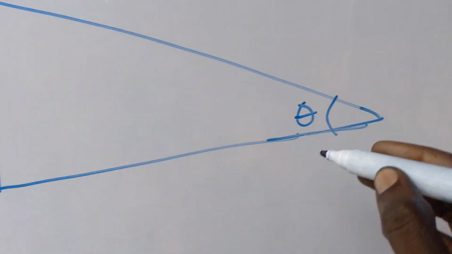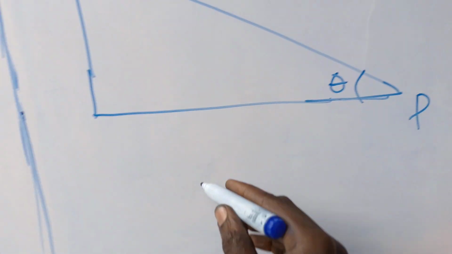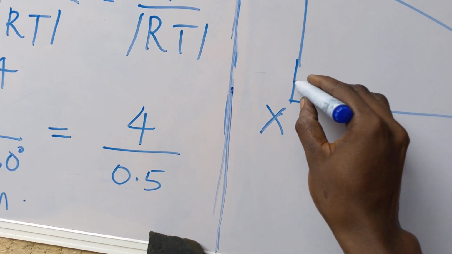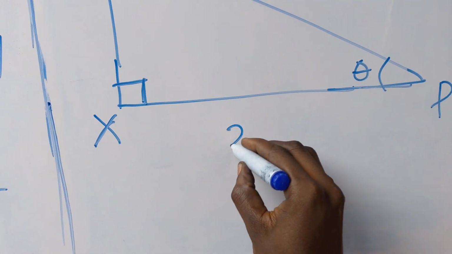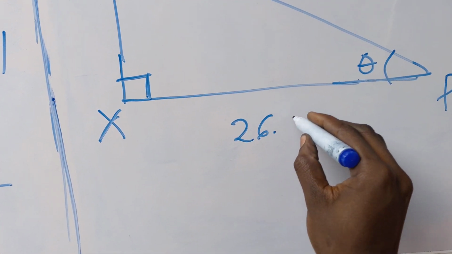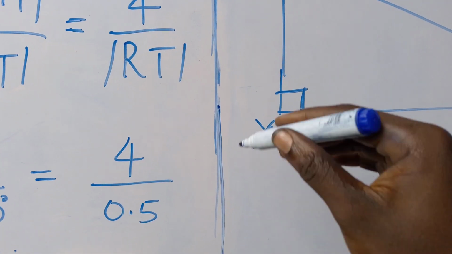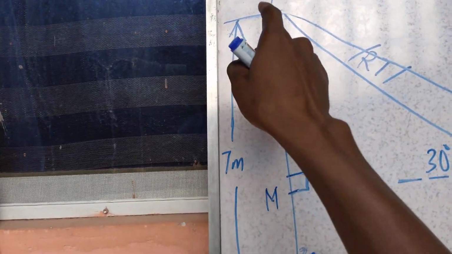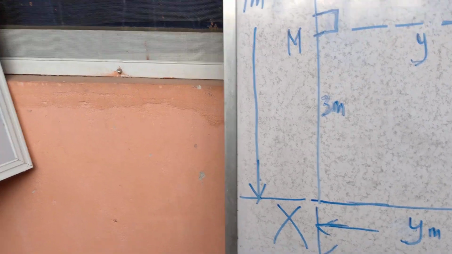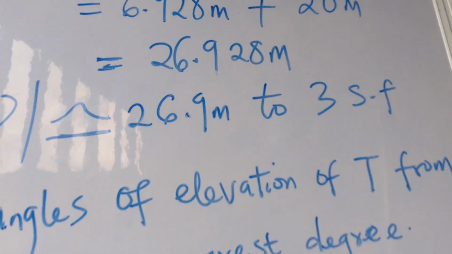Here is theta, here is point T, here is P, and here is X. This is 90 degrees. The distance from X to P, we had it as 26.9 meters to 3 significant figures, and the distance TX is 7 meters. We don't need RT in this case.